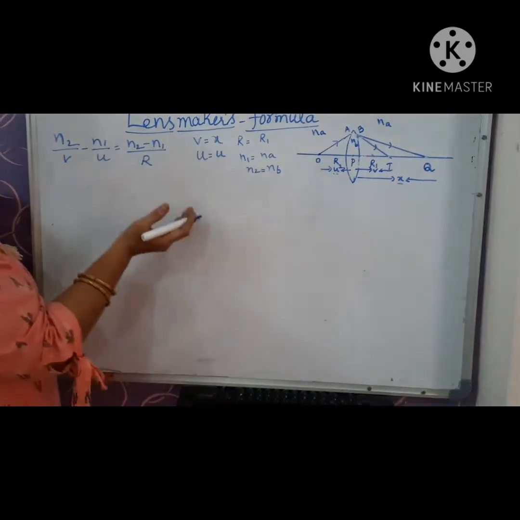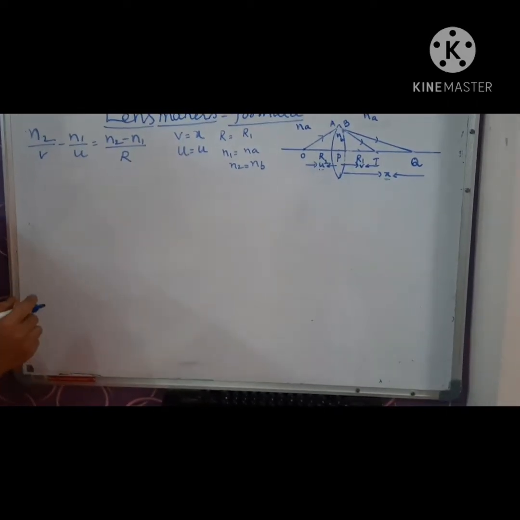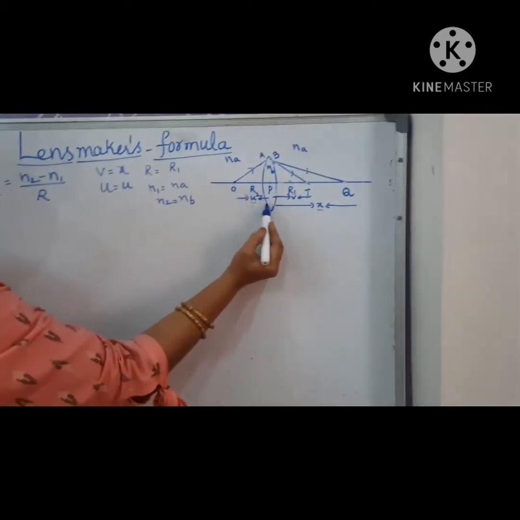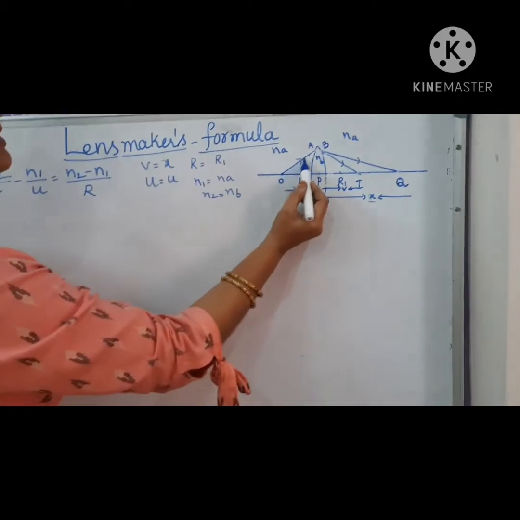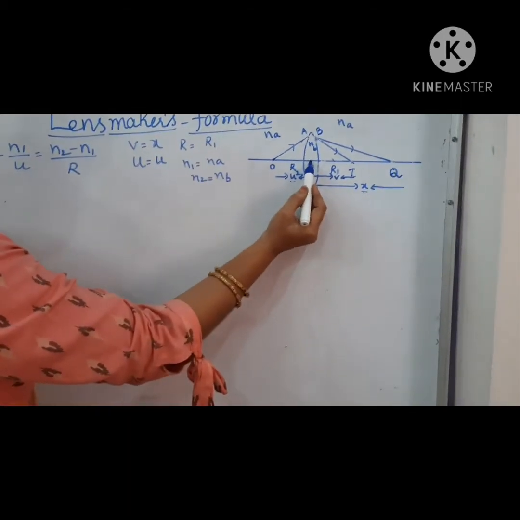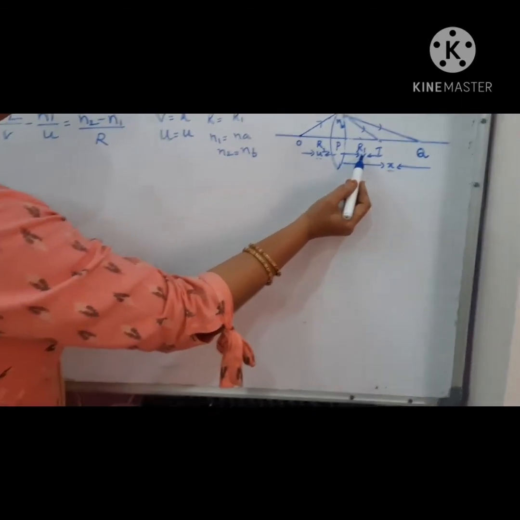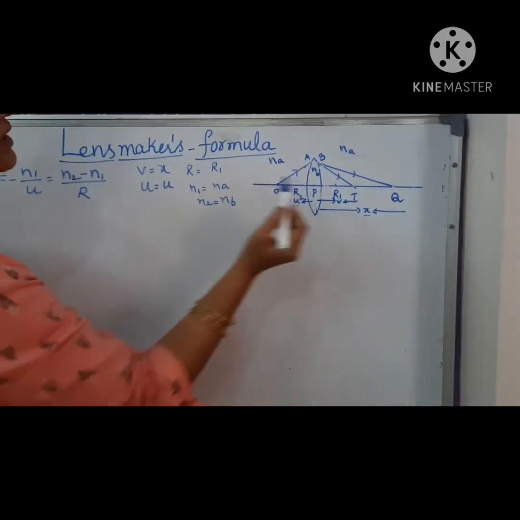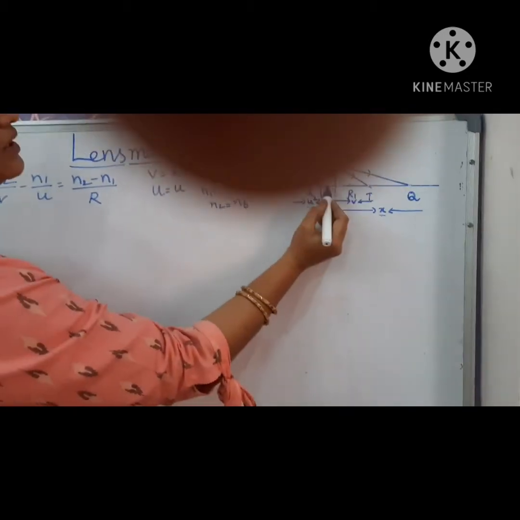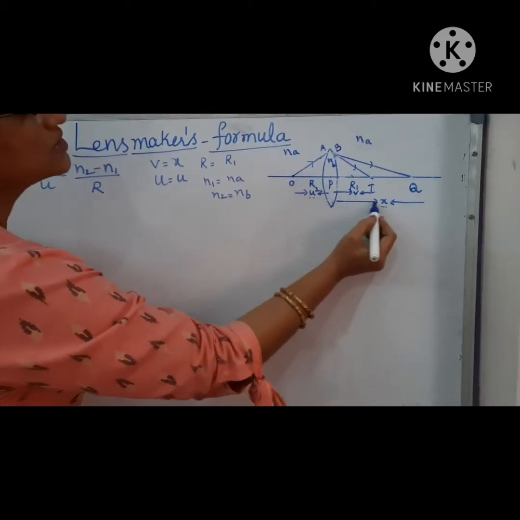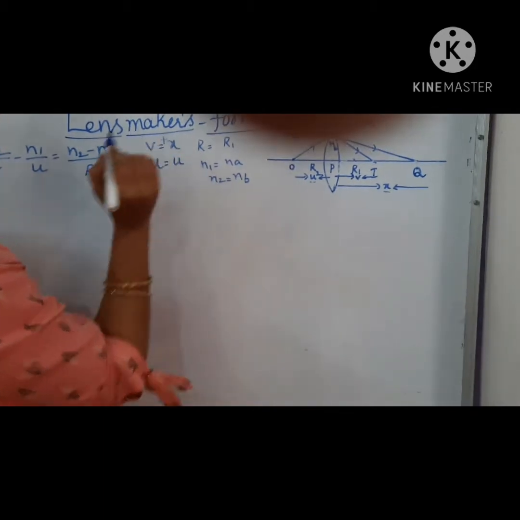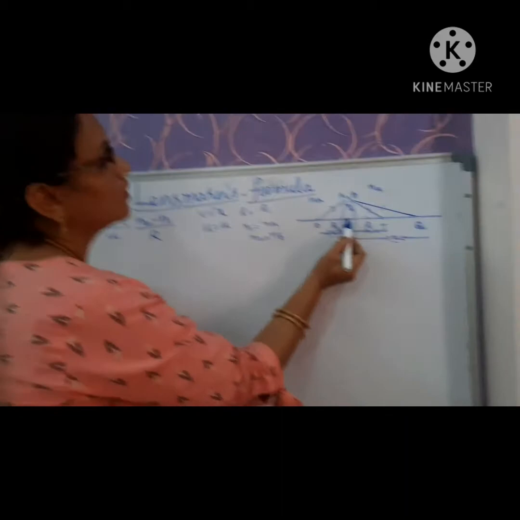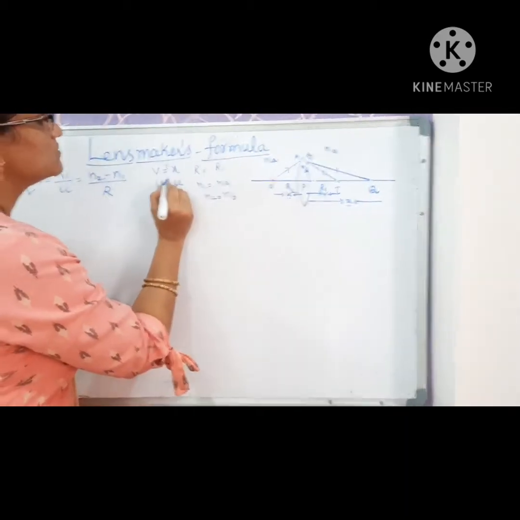Before substituting these values in the given equation, we have to apply the sign convention rules. So it is a convex surface and this is the object, this is the direction of the incident ray. The distance from P to Q is the image distance, which is along the direction of the incident ray, so we treat X as plus. The object distance is measured in the opposite direction, so we treat it as minus.